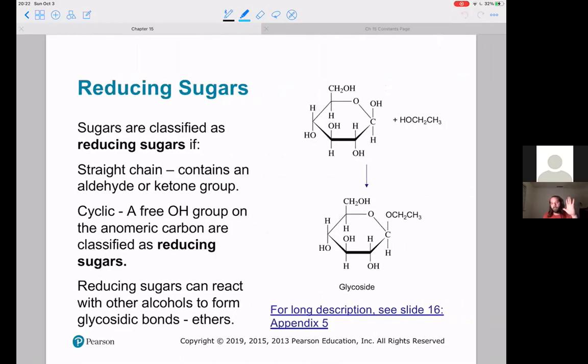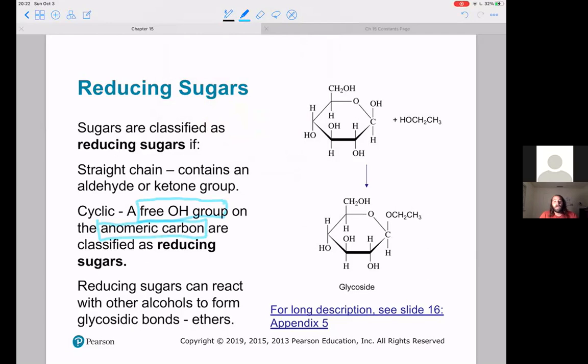Again, all monosaccharides are this idea of a reducing sugar. All monosaccharides are reducing sugars because they can open up to ketones or to ketoses or aldoses. If we're looking at the closed chain form of a sugar, okay, what we're going to be looking for is a free OH group on the anomeric carbon.